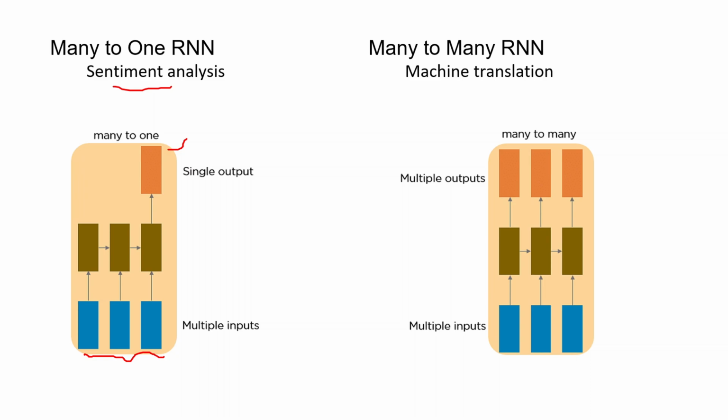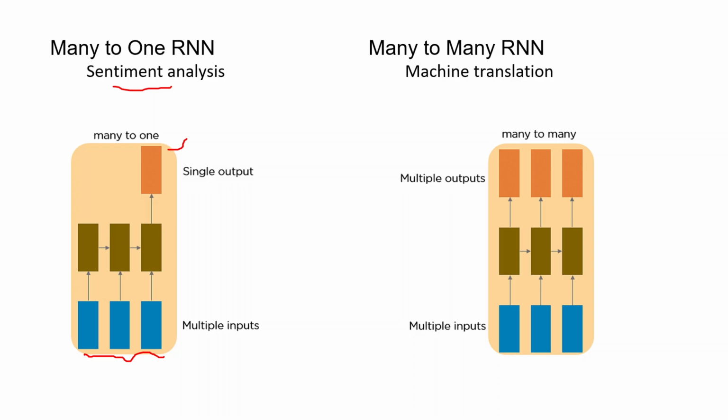Since it is sentiment analysis, when a sentence is given, that particular sentence is positive or negative or neutral, so I'll get only one response out of it. So it is a many-to-one RNN. And speaking about many-to-many RNN, we have multiple inputs and we are having multiple outputs. This happens during machine translation.